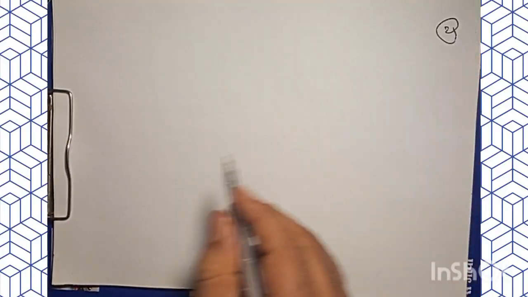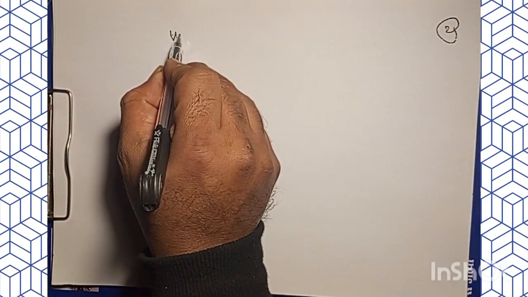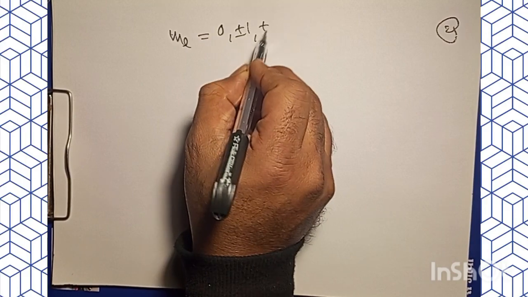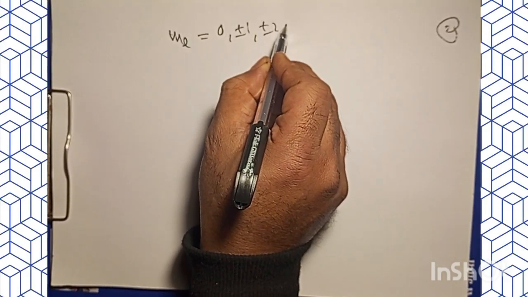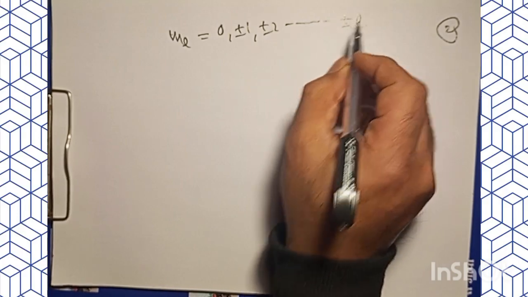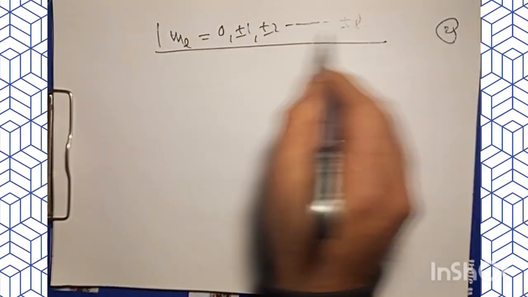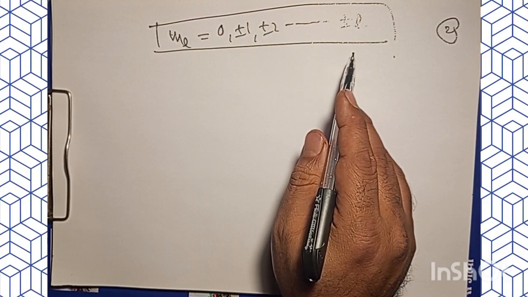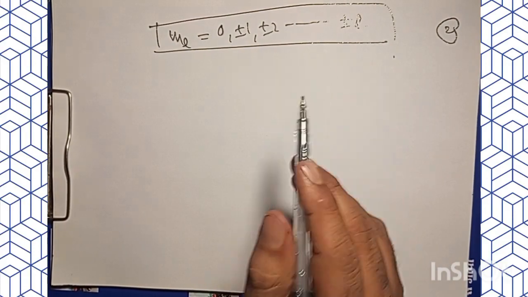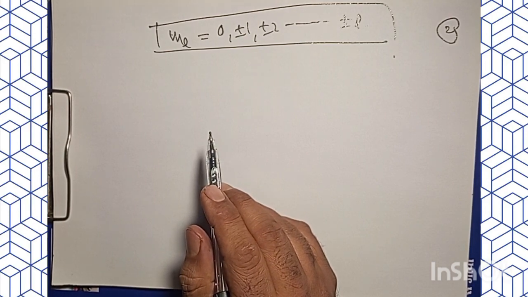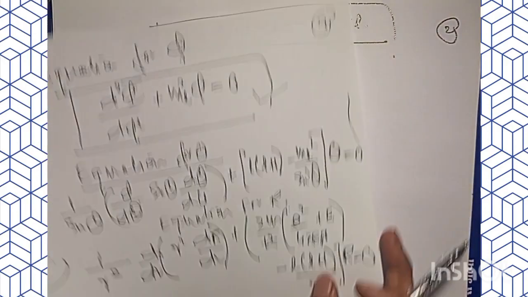What ml will be is 0, plus minus 1, plus minus 2, and so on so forth to plus minus L. The formal presentation of L comes as a solution to the angular part of the Schrodinger's wave equation.